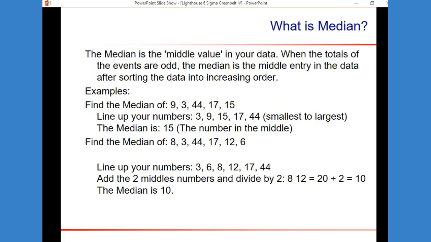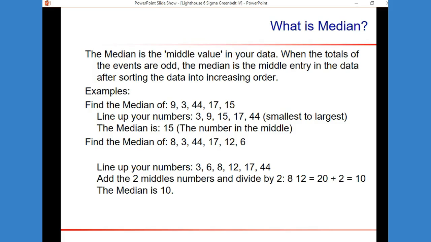And then median, or middle value of the data, is where I line up all that data and just look at what's in the middle. It's a little more difficult to do when you've got an even number.